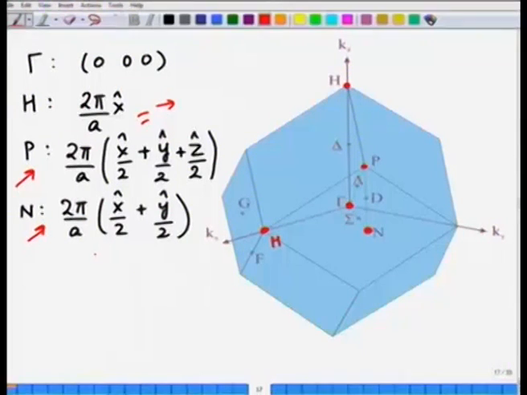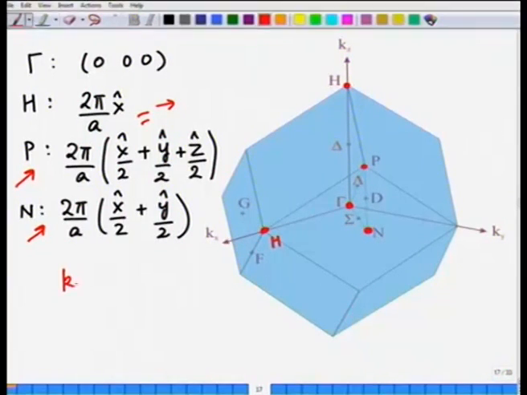Now again, for this structure also we can do the same exercise, where we go along various directions, from gamma to H, H to P, P to N, and N to gamma, and write down the k prime vector.